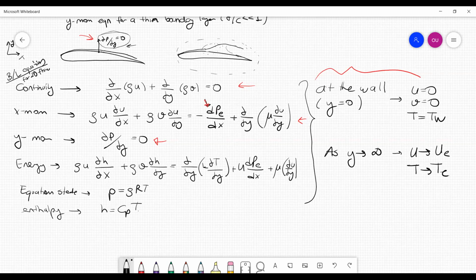That is true. So we obtained these equations last week, and I told you that the next question is, if we have this set of equations subject to these boundary conditions, can we actually obtain solutions for them?